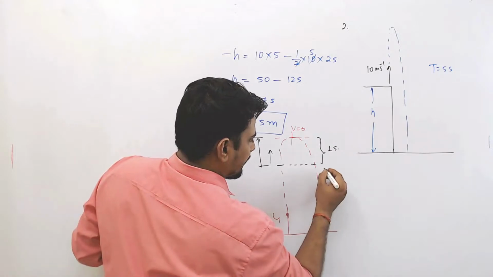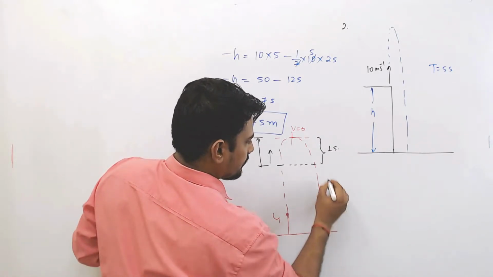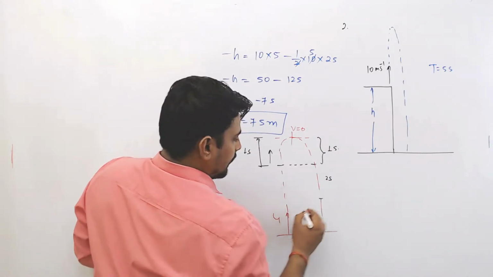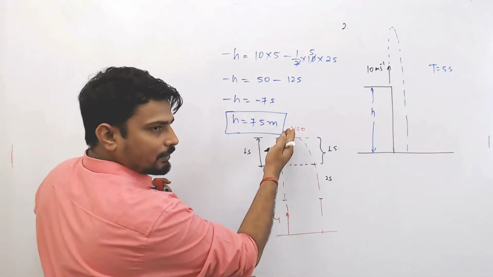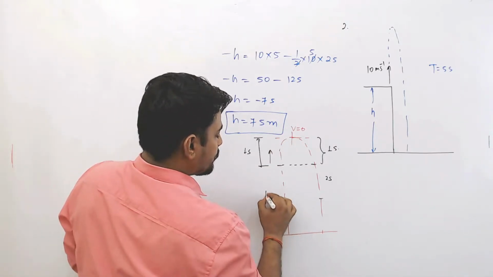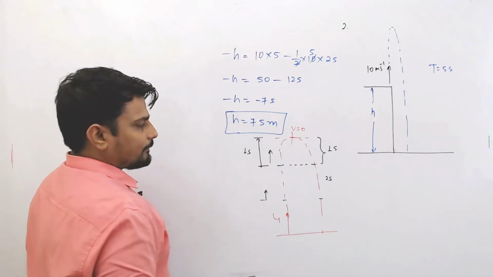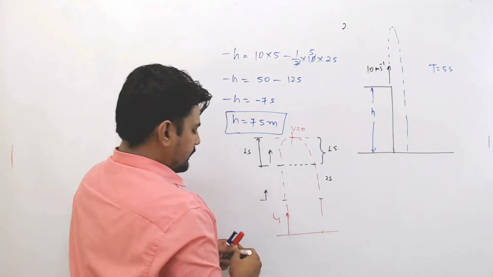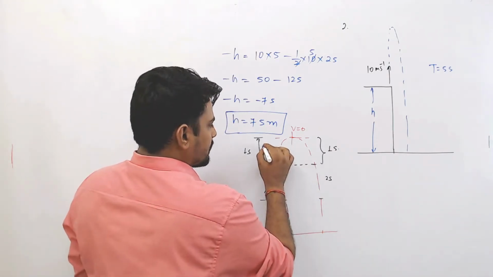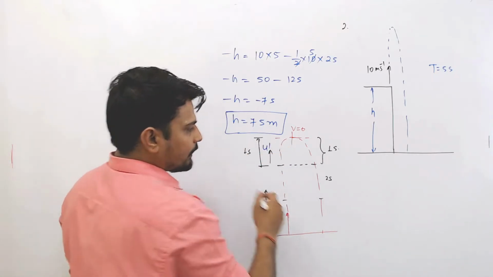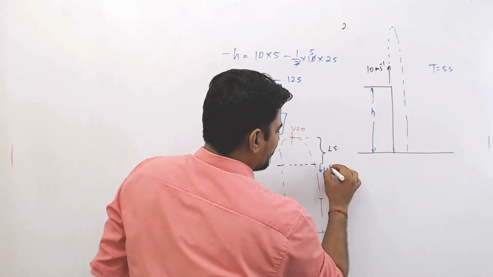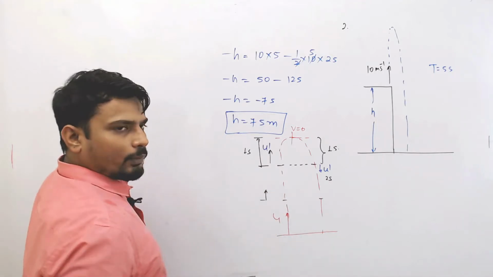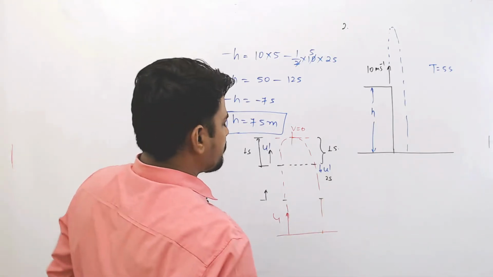Now let's suppose in 2 seconds the body comes down to this position. Then 2 seconds before it was about to reach the top, the body should be here with, of course, some velocity. Now, in addition to that, let's suppose it was having a velocity of u dash over here. Then at this point also the velocity should be u dash, but just downward. हमने इस पे discuss किया था in the previous video.